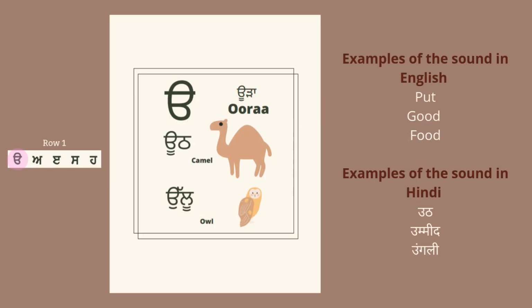Uda U, unth, Uda U, ullu. We have also given you examples of the sound in English and Hindi. For example, oo, put, good, food. In Hindi, ut, ummeed, ungli.